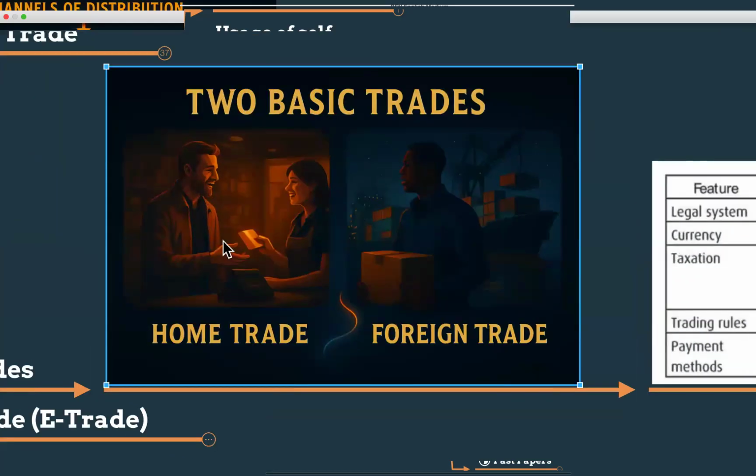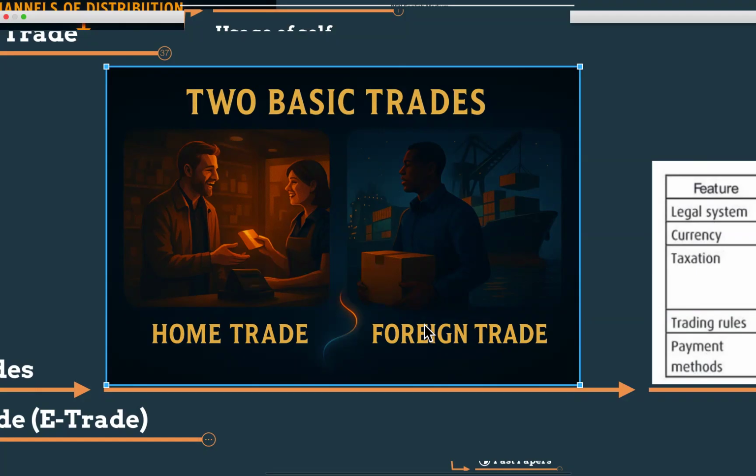So home trade or local trade and foreign trade means the two fundamental categories that all trade falls into. All trade is either domestic or international. We can call it domestic as well as international trade, right?